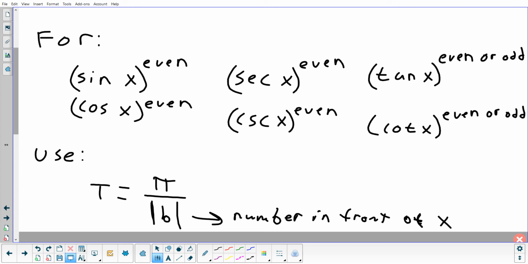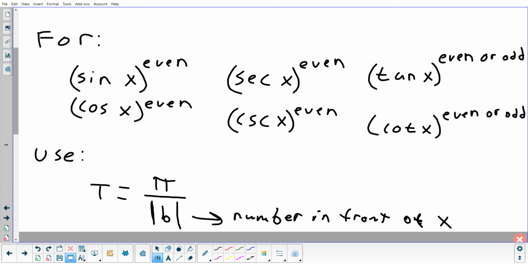So you could look at it this way: there's 12 different cases that you can have. This formula covers 8 of them: sine, cosine, secant, cosecant to an even power, tangent to an even or odd power, and cotangent to an even or odd power. So that's 8 cases that are covered.